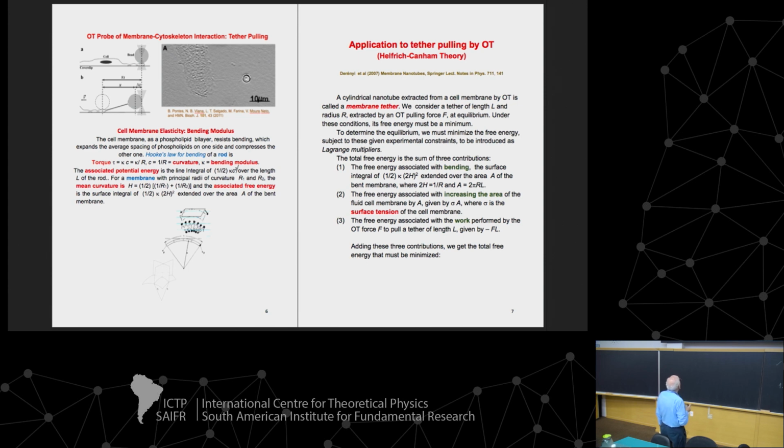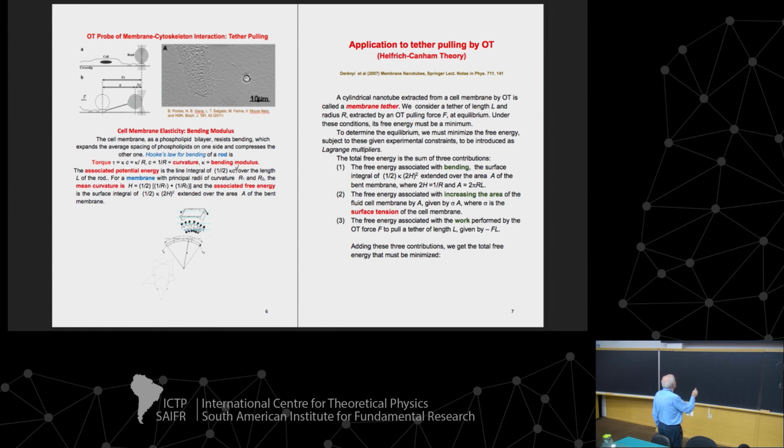Okay. Now, how do you define the elastic constant for bending? Well, if instead of bending you have just a straight line stretching, you have Hooke's law. The displacement is proportional to the force, and you get the elastic constant. But there's a similar generalized Hooke's law if you are bending something like a rod. Here you have a straight rod to begin with, but you exert a torque on it.